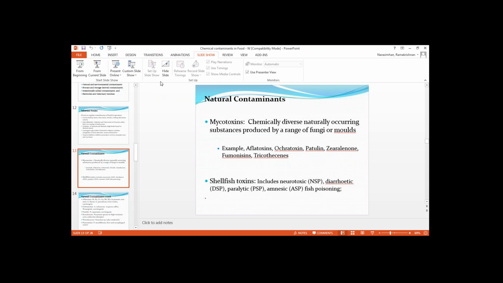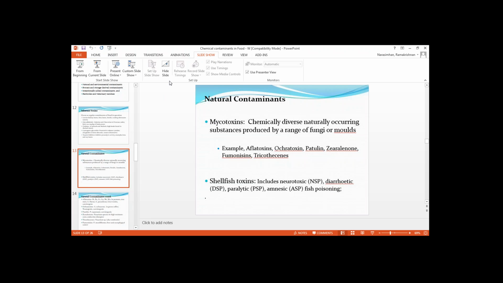The other chemical hazard that is a natural contaminant is zearalenone, also known as F2 toxin. This is produced by several species of Fusarium. It occurs naturally in high moisture corn, mainly from the growth of this particular mold, Fusarium.